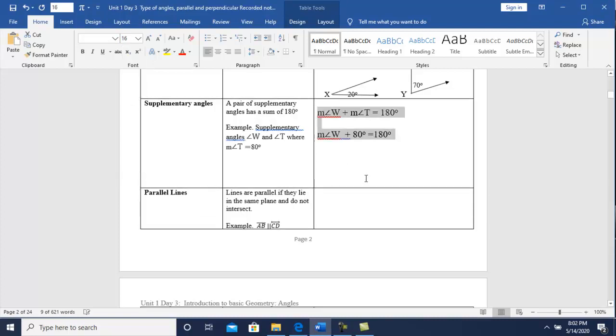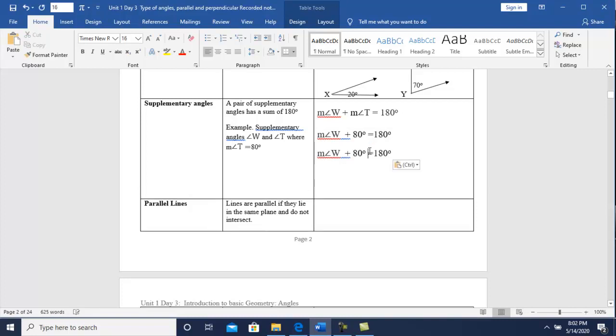Now we need to solve for W. In order to get W by itself, we got to subtract 80 from the left side and the right side.